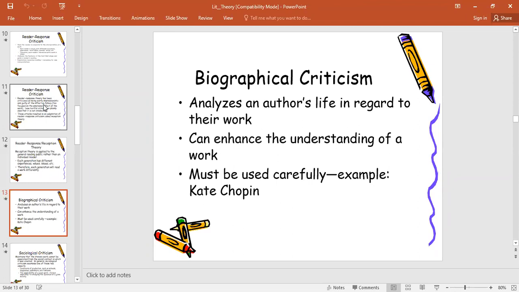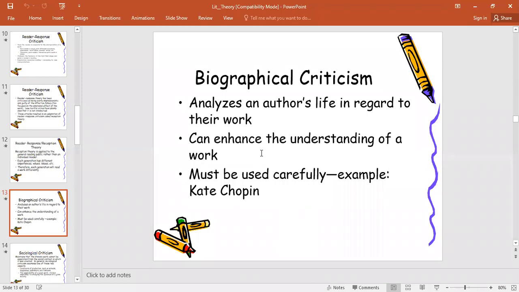Being human beings, we are very frightened regarding the topic of death. So now see that the point here is that we will have to look at the work separate from the author's life. That's why I gave you the example. It can enhance the understanding of the work.